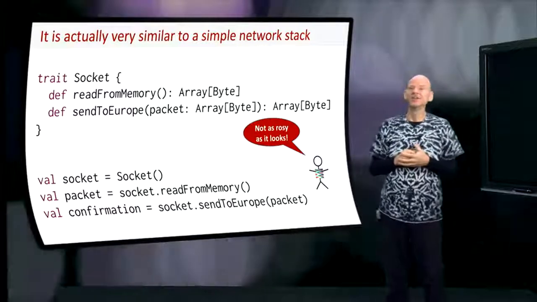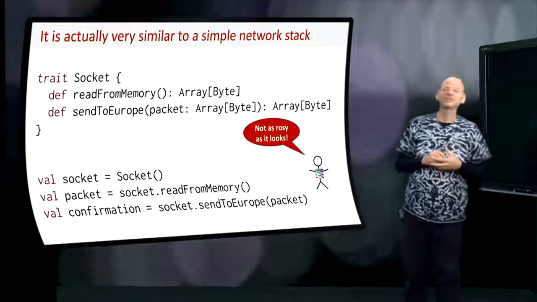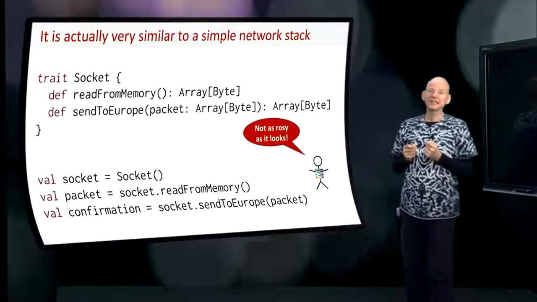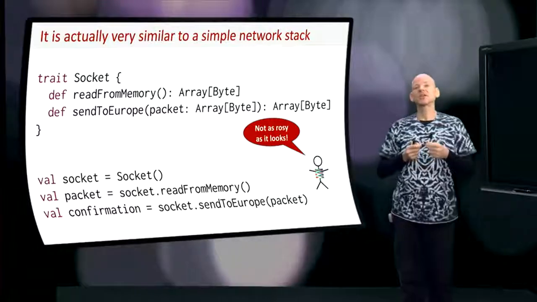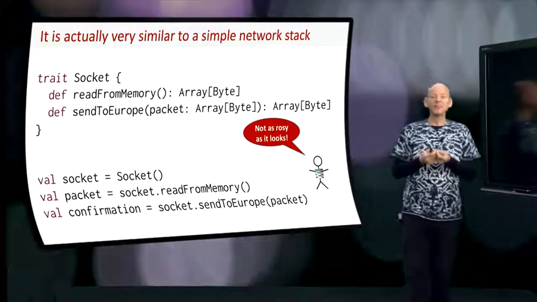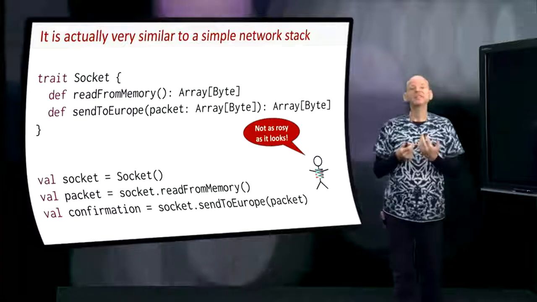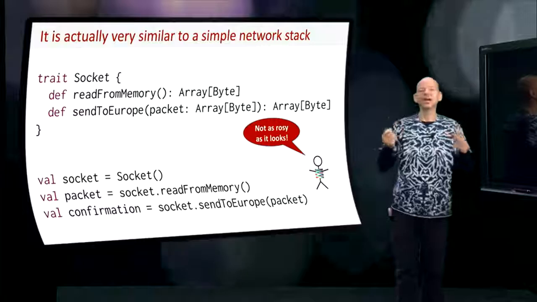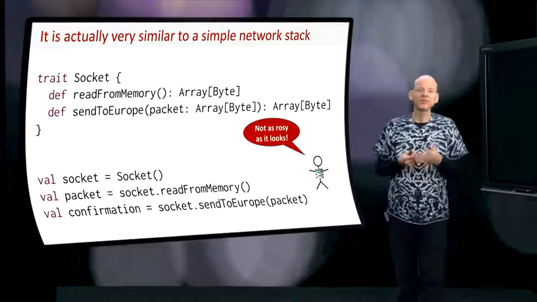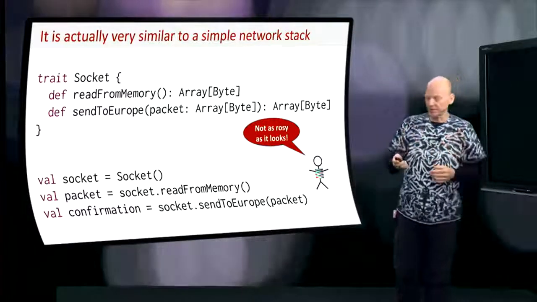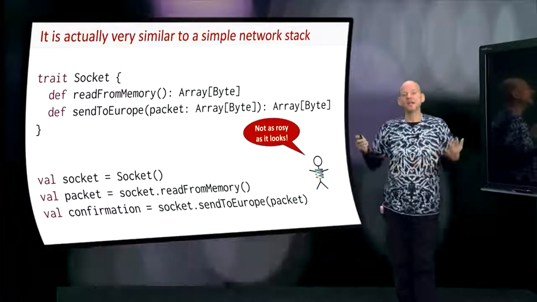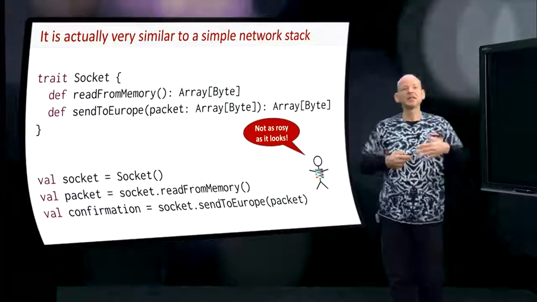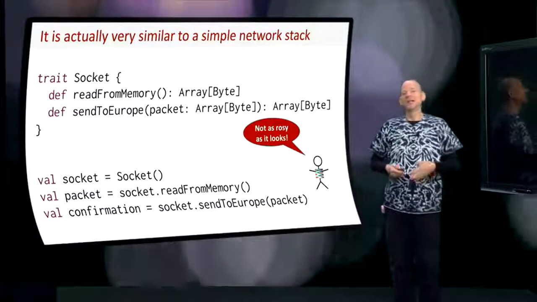By now, you know that while this code looks easy, it's not as easy as you think. The reason is that reading from memory takes a lot of time, and sending a packet from Europe and back takes even more time. But this time is expressed in nanoseconds or microseconds, which is not very intuitive for humans. So let's look at a little table that tells us the time that various operations take on a computer.